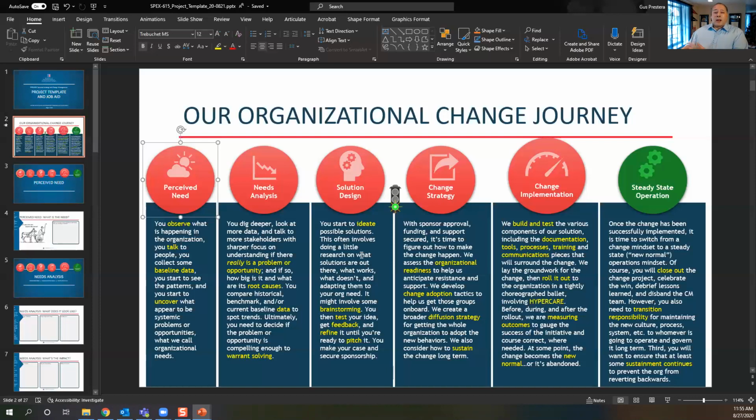So we're not going to get to change implementation and steady state operation with your project, but we will be having some conversation about that in the discussion forums. So what you should see throughout the semester is this project that's going on with your team. That's happening at one level. At another level, you'll have your course readings, which should map to these steps that we're talking about here, and the discussion posts tied to those readings, which should also map to this, right?